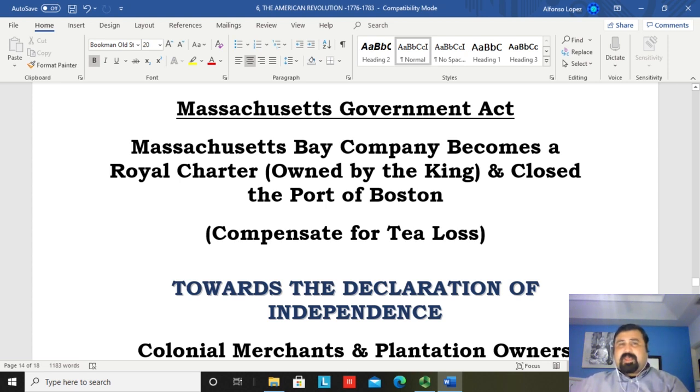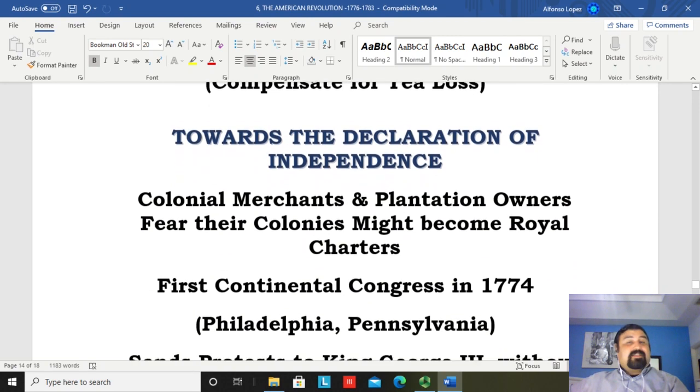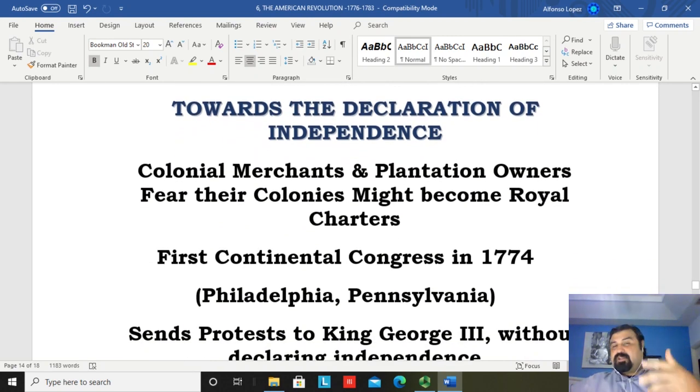Okay, they have to pay the company in order to reopen their trade. So again, this really affected the merchants and the producers who were making money from their exports, etc. They're not going to be exporting anything.